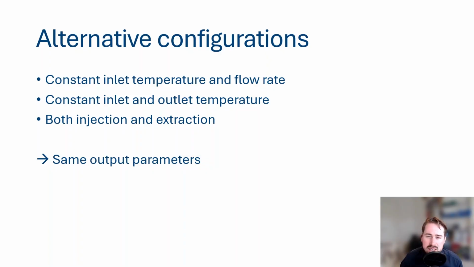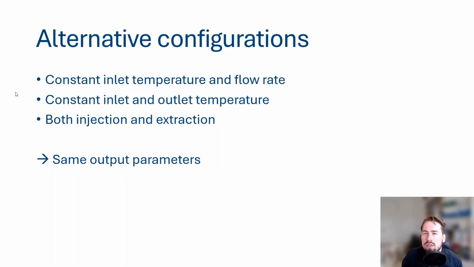You have TRT tests where it's not only extraction but also injection of heat that's being tested. So there are quite a lot of these different tests with both advantages and disadvantages. Some of them are already used in industry, some are more research related, but all of them basically give you the same output parameters: the undisturbed ground temperature, the conductivity, and the borehole effective thermal resistance.